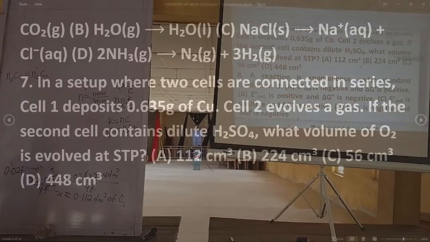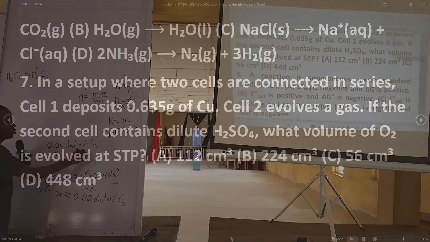For example, if I have 2.24 dm³ of oxygen, and I want to calculate the number of moles of oxygen in it, all I have to do is say number of mole is equal to the volume, 2.24, divided by the volume of the gas at STP, which is 22.4.